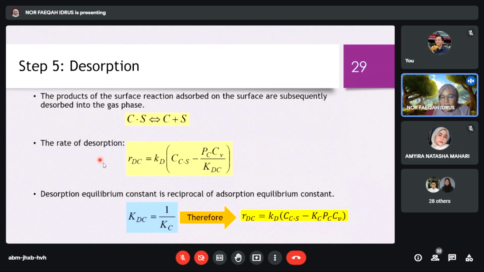Therefore, this equation can be simplified: R_DC equal to K_D, C_C.S minus K_C P_C C_V. So this is adsorption of the product, bukan adsorption of reactant. Jangan confuse yang adsorption step tu.